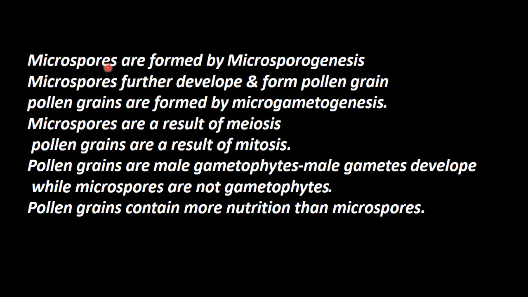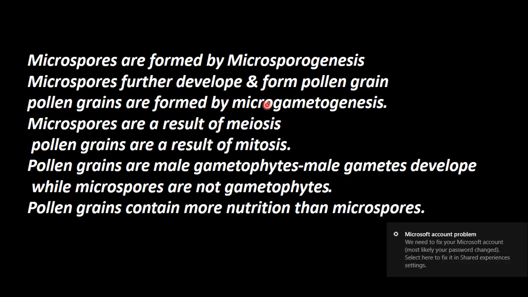These microspores in the microsporangium are formed by the process of microsporogenesis. This is a separate process. These microspores further develop and form pollen grains. So, pollen grains are formed by microgametogenesis. Okay.